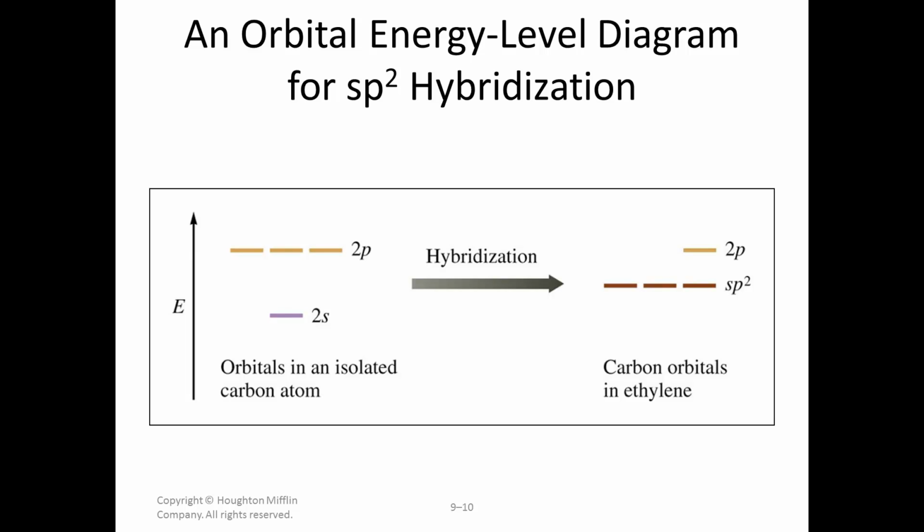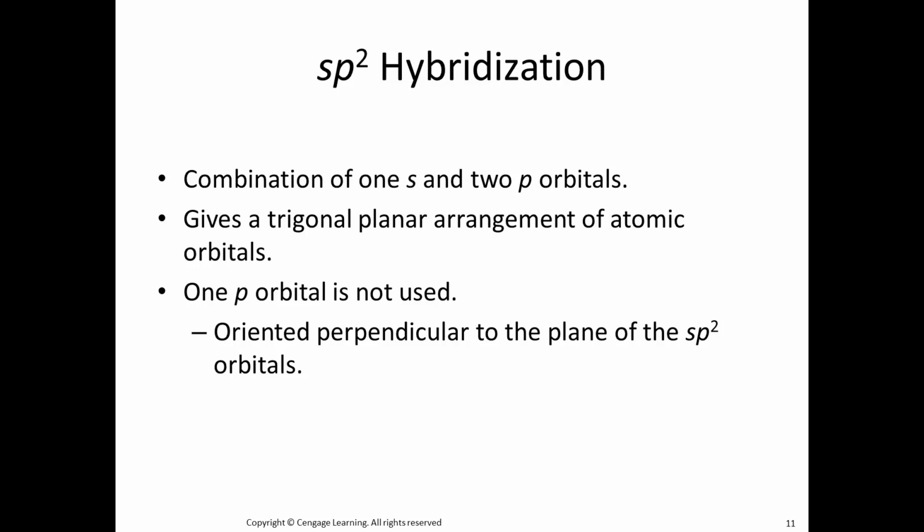Again, if we look at an energy diagram, our hybridized orbitals are lower in energy than our unhybridized 2p orbitals. In our sp2 hybridization, we're combining 1s and 2p orbitals to give a trigonal planar arrangement of 3 atomic orbitals at 120 degrees from one another. There's one p orbital which is not used. It's unhybridized and oriented perpendicular to the plane of the sp2 orbitals.